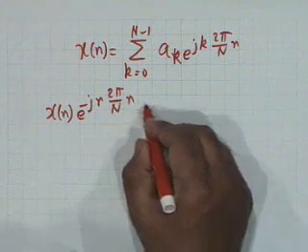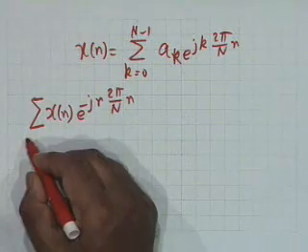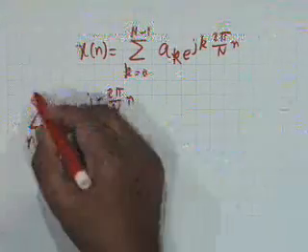And then we sum from n equal to 0 to capital N minus 1.